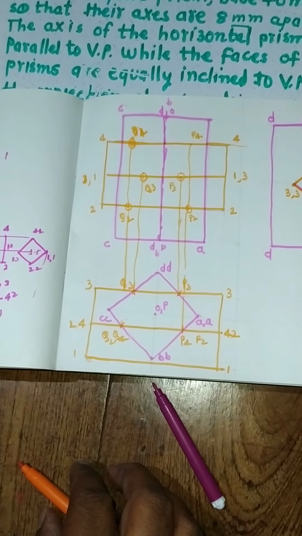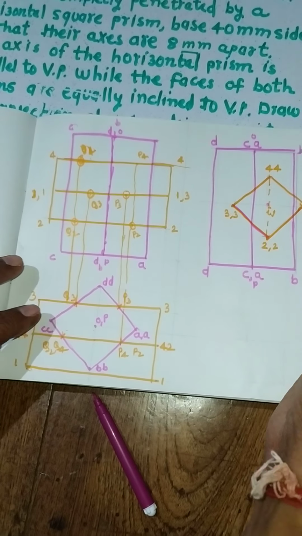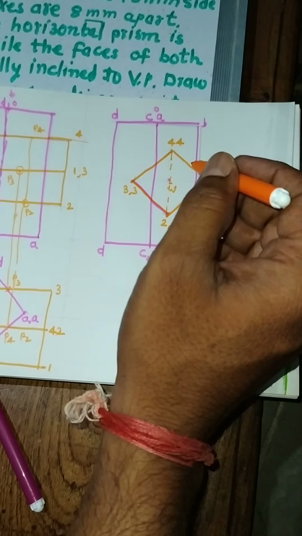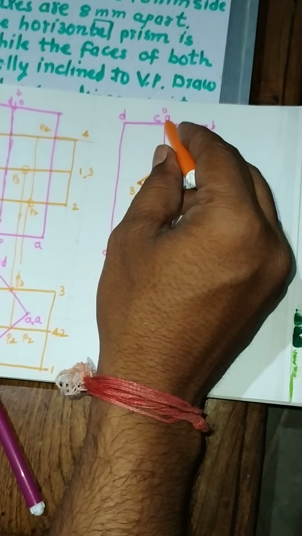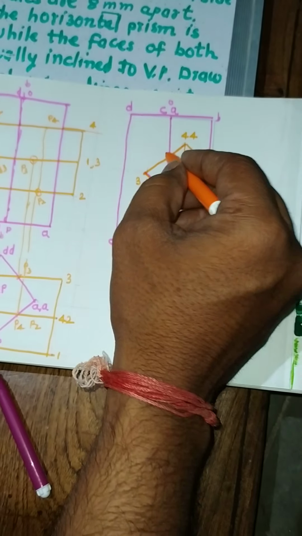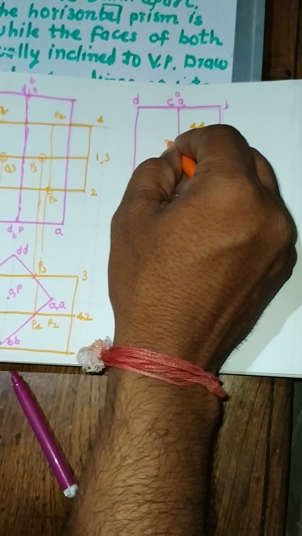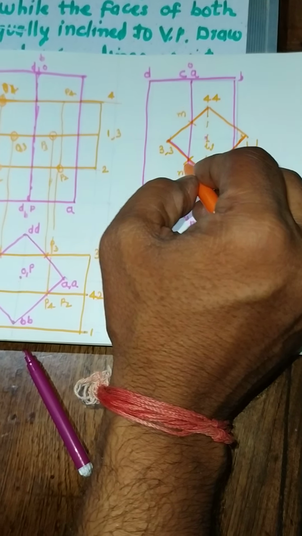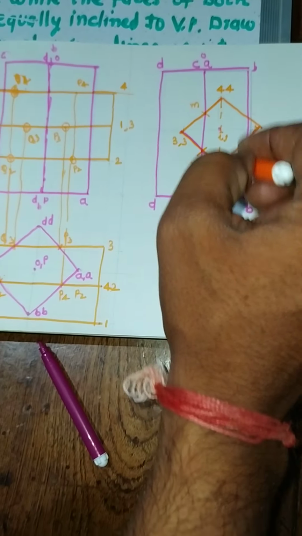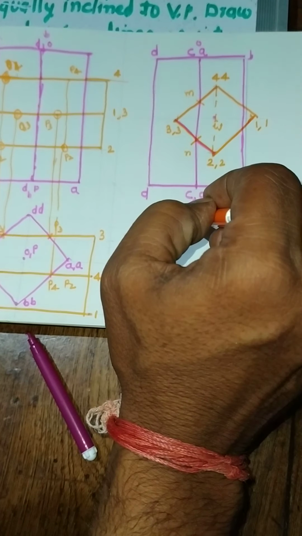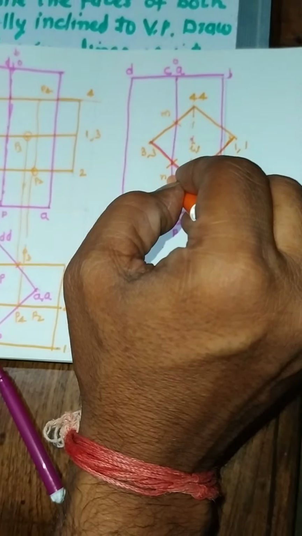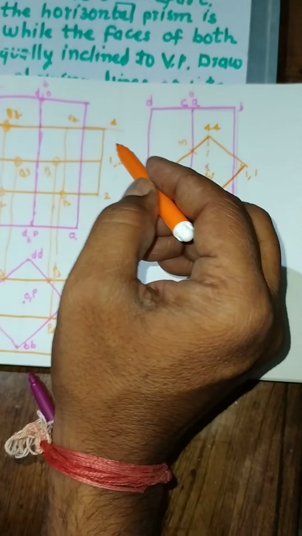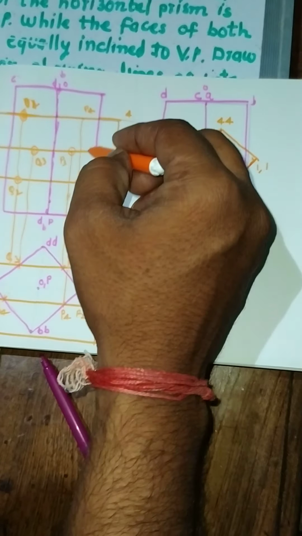Now, the horizontal solid, which is shown in yellow color, also cuts the vertical solid. The edges CC and AA, I will name as M and N. These points M and N lie on CC and AA in the side view, and the same points should be transferred to the front view on the lines CC and AA.